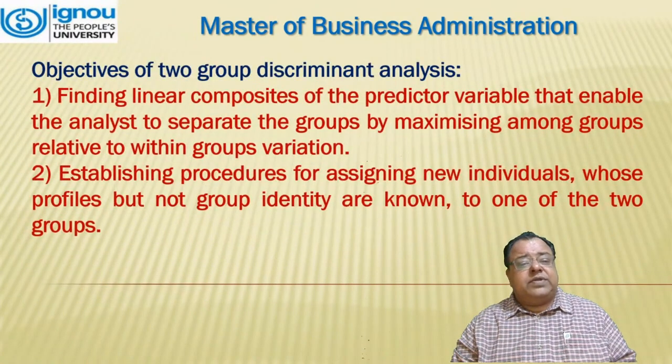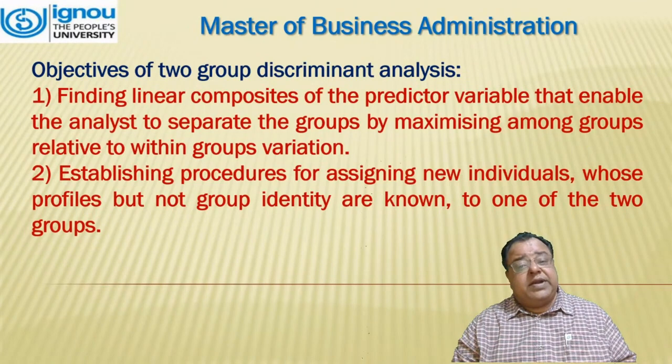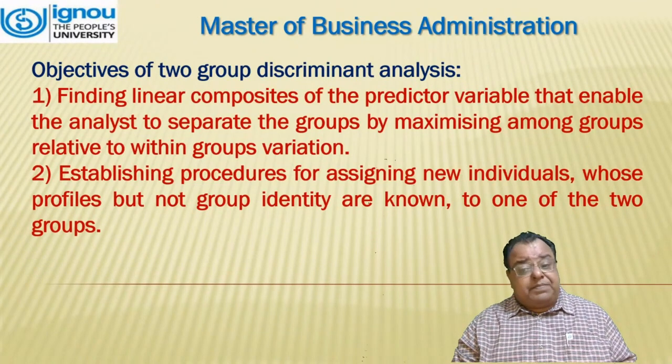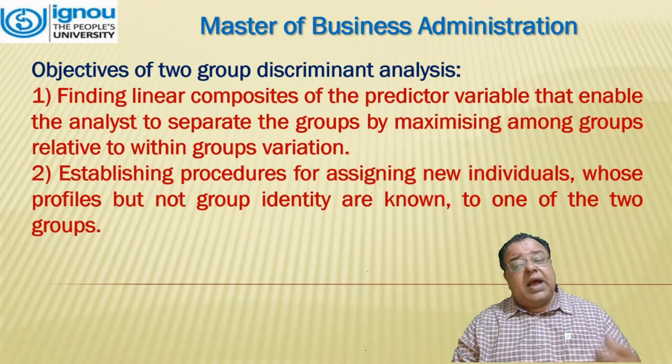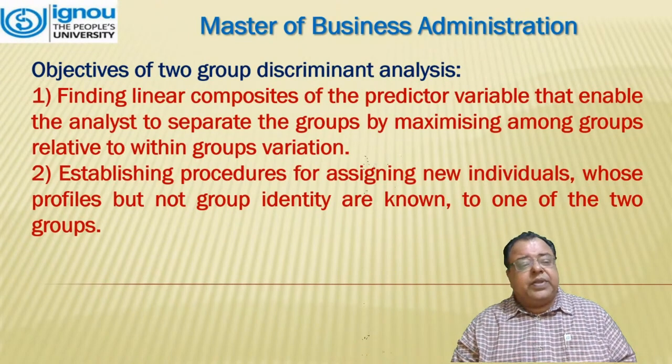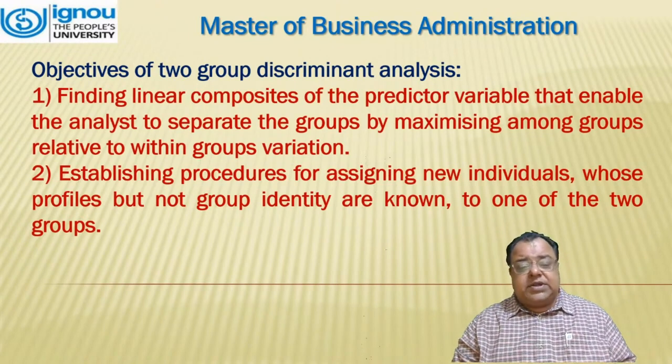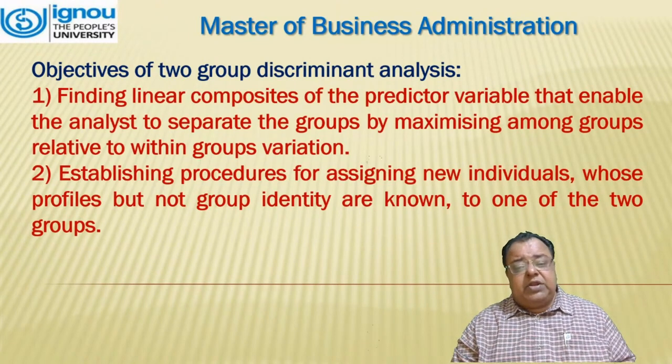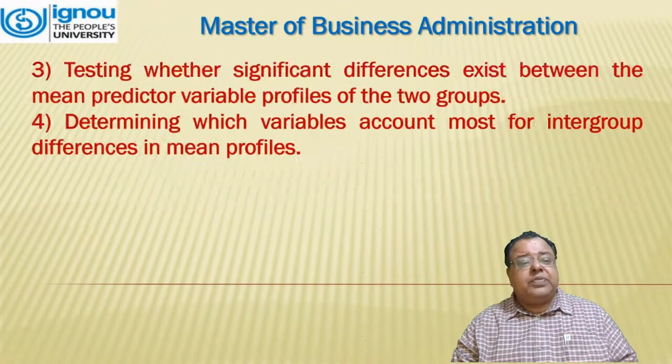What are the objectives of two-group discriminant analysis? First, finding linear composites of the predictor variables that enable the analyst to separate the groups by maximizing among-group variation relative to within-group variation, and establishing procedures for assigning new individuals, whose profiles but not group identity are known, to one of the two groups.